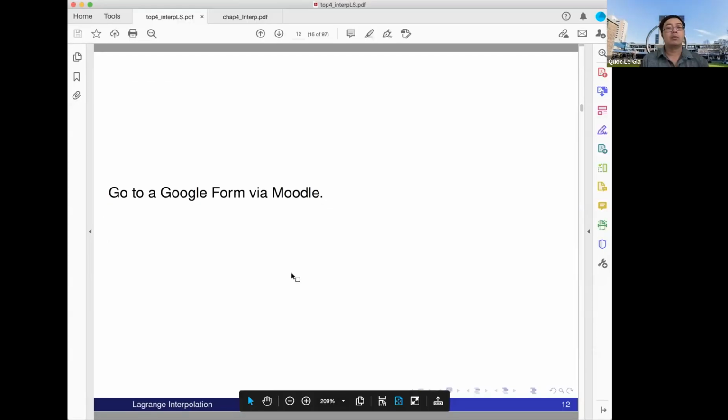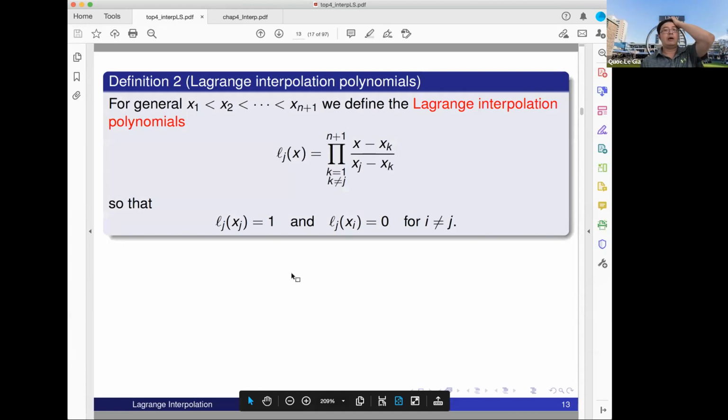So now I want to generalize the process. Suppose you have n plus 1 points, then you can define the Lj to be the product of x minus xk on the top, and xj minus xk on the bottom, where j has to be different from k.